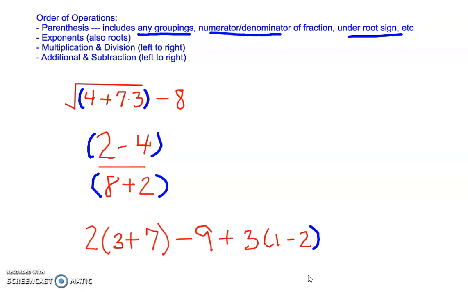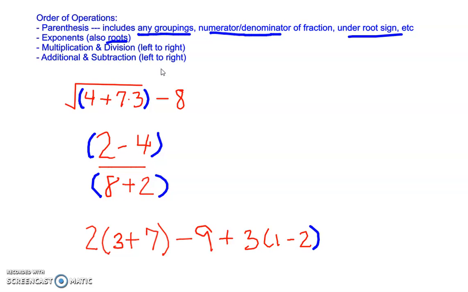The second thing is exponents. So if there's any exponents, you simplify those before you move on to the multiplication, division, addition, and subtraction. Now, one thing that I think sometimes we forget whenever we're just going through that numeric, please excuse my dear Aunt Sally, is that roots are exponents.